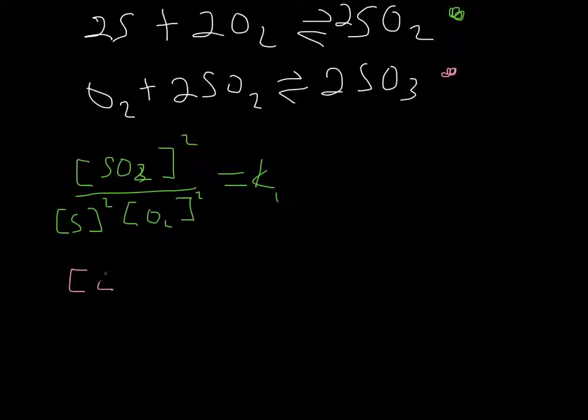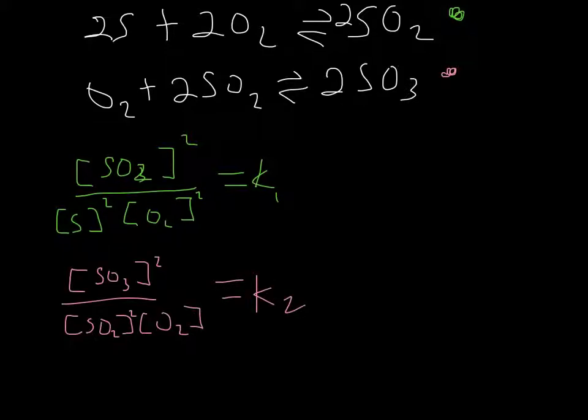It's going to be SO3 squared over SO2. Alright, that was real fast. Now we're going to multiply these together, and this is the rule to remember.